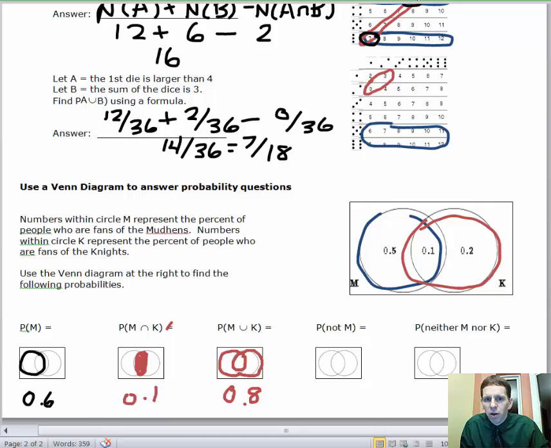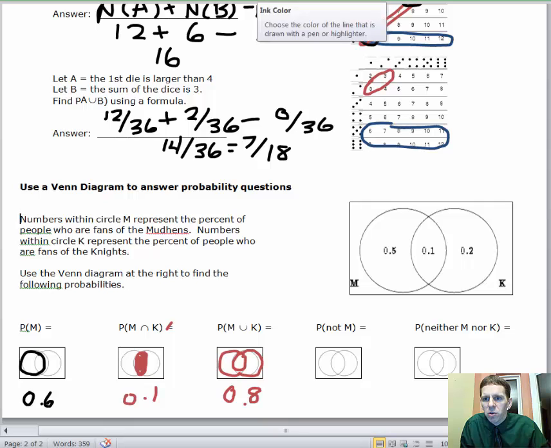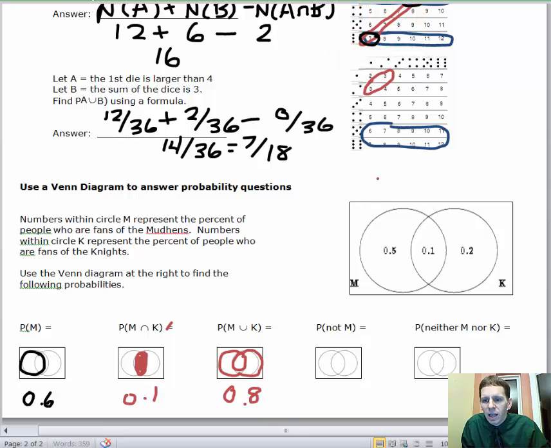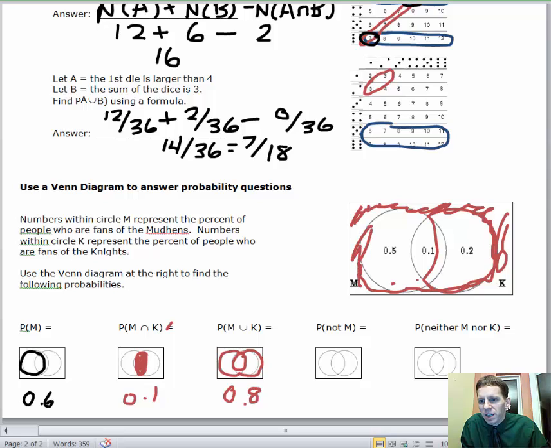Not circle M is anybody that's not inside circle M. We already kind of know where circle M is. Who's not inside circle M? Well, these people that are part of this circle K, as well as anybody that's not even inside the diagram itself. So that would include basically everybody that's out here. Now we haven't talked about what's out here yet.